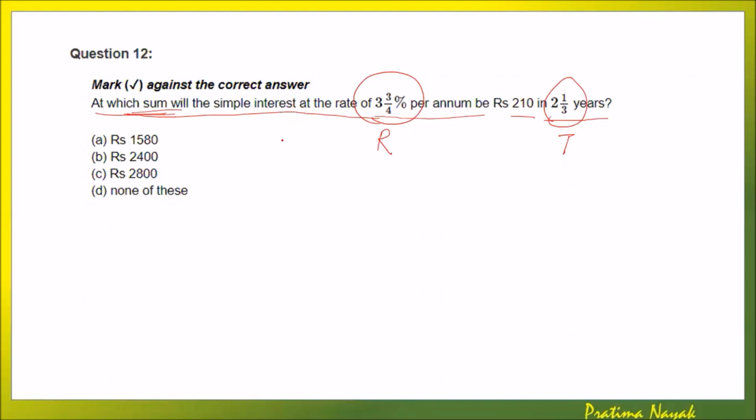Which sum means this question is about P. P is asked. This is your simple interest. SI is equal to 210. So this is very simple. P is equal to how much? SI multiplied by 100 by R into T.